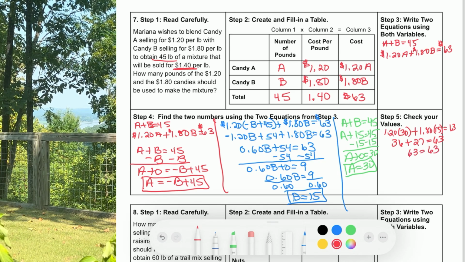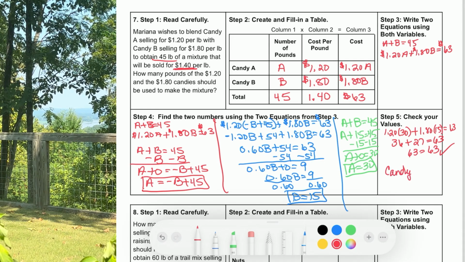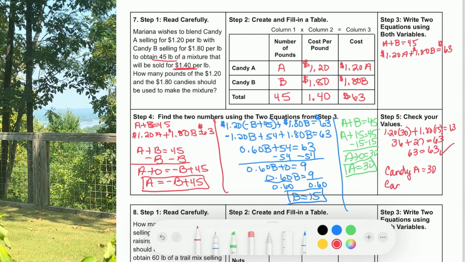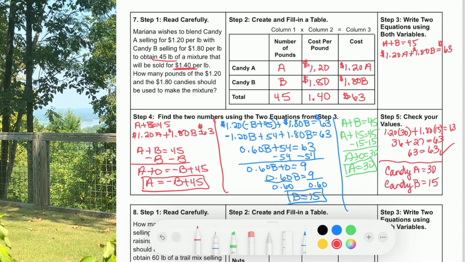So we did the problem correctly. So candy A equals 30 and candy B equals 15. That is our answer.